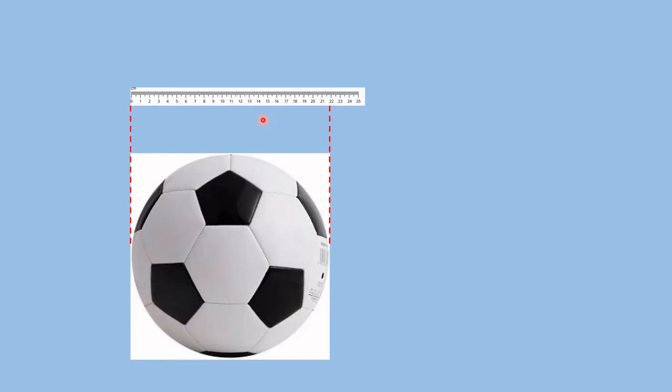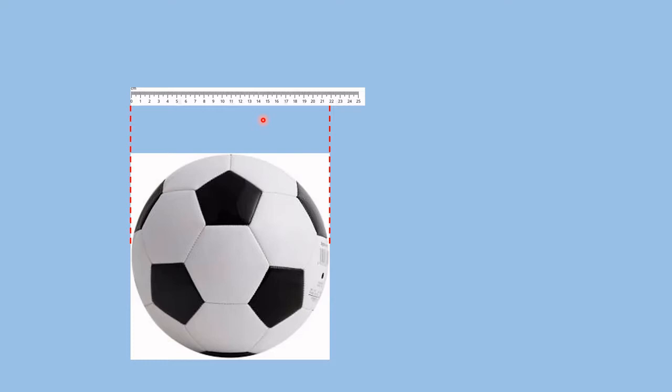So if you didn't have your face real close to the ruler, if you were looking from a couple feet away, or as it appears in this picture here, you can tell that the diameter of this soccer ball is closer to 22 centimeters than it is to 21, and it's certainly closer to 22 than it is to 23. So if you just had to go with an integer, you're going to pick 22.